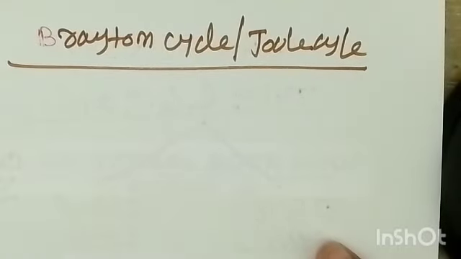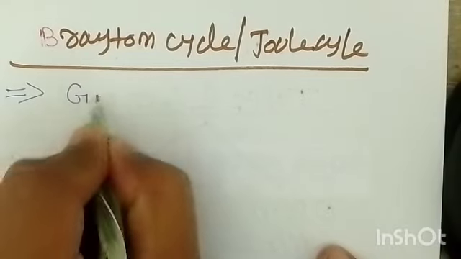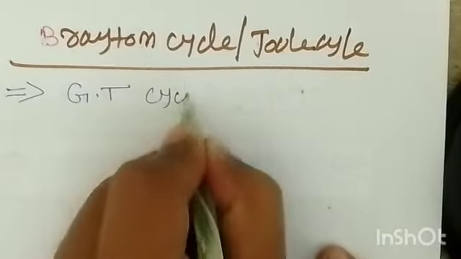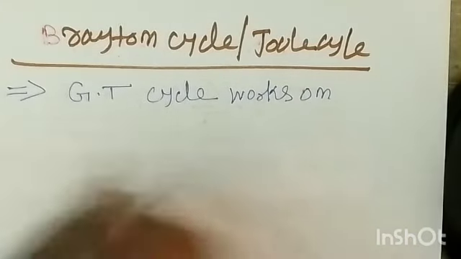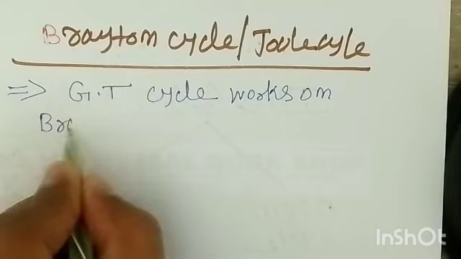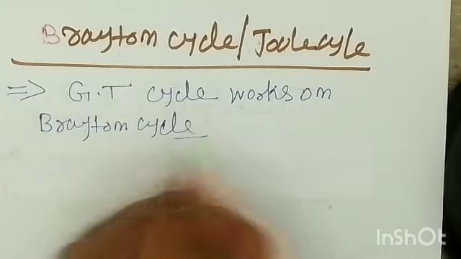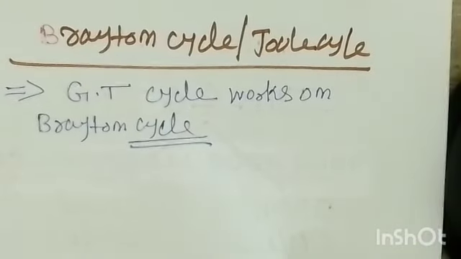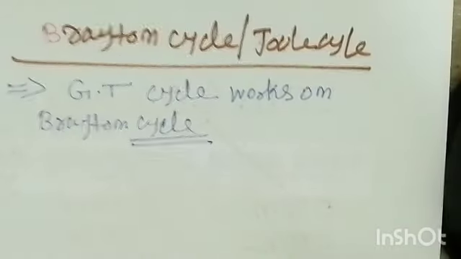So we can make a note that the GT cycle works on the Brayton cycle. So the Brayton cycle has 4 processes: adiabatic compression and expansion, and constant pressure heat supplied, as well as constant pressure heat rejection, right?